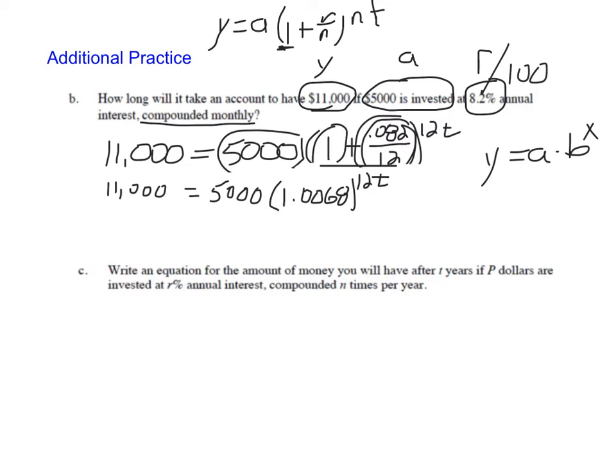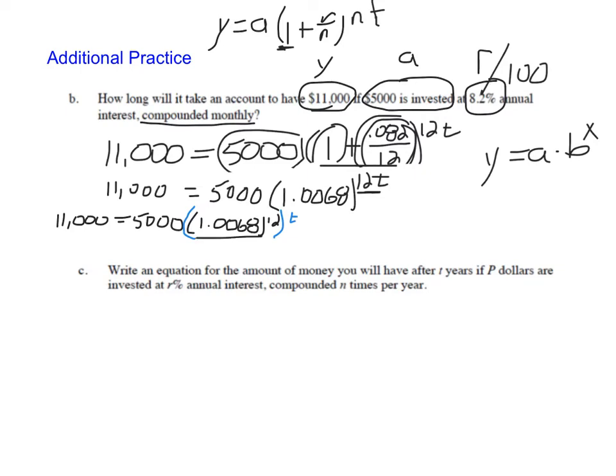I use that power to a power property. So we have 11,000 equaling 5,000 times 1.0068 raised to the 12th power, and all of that is then raised to the t power.